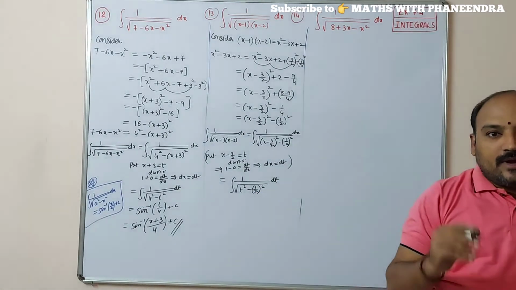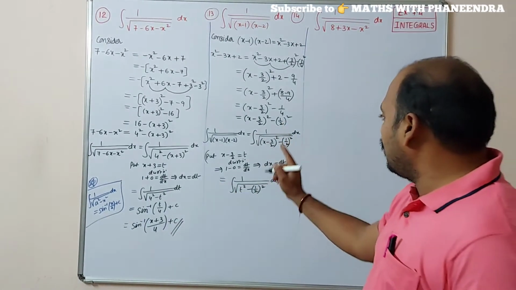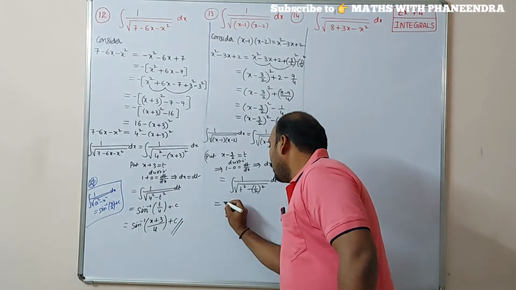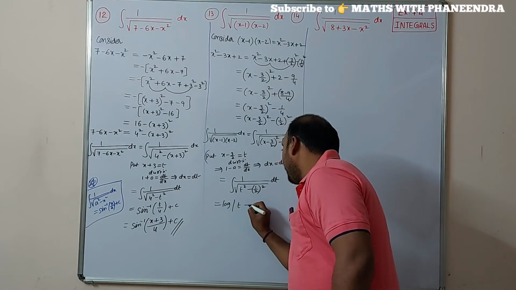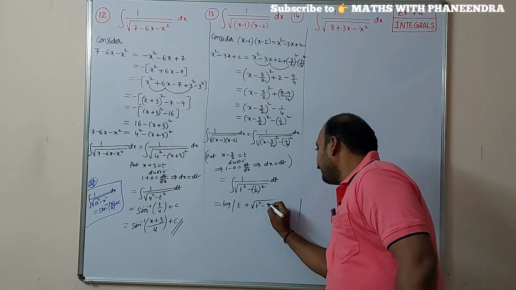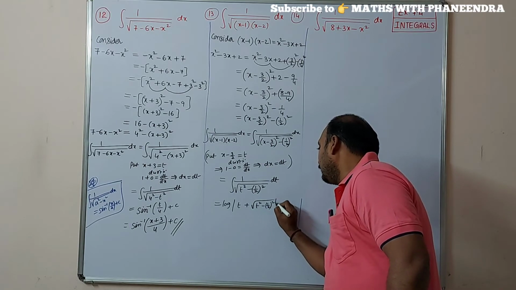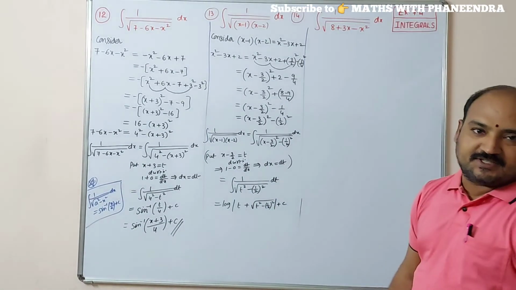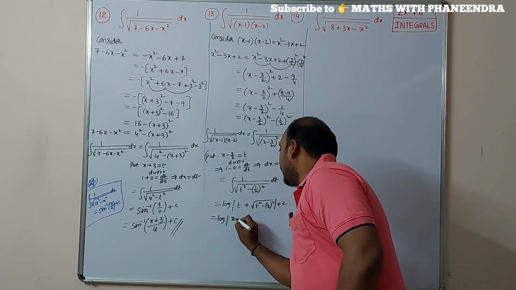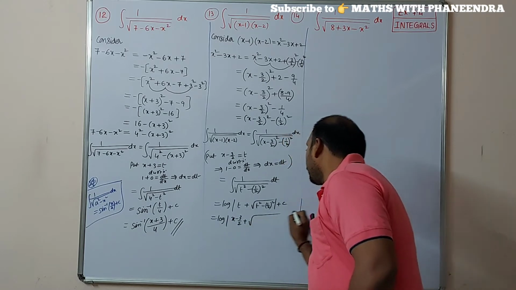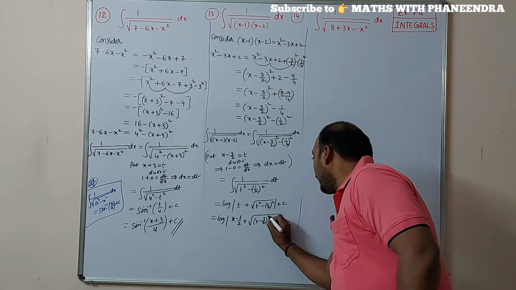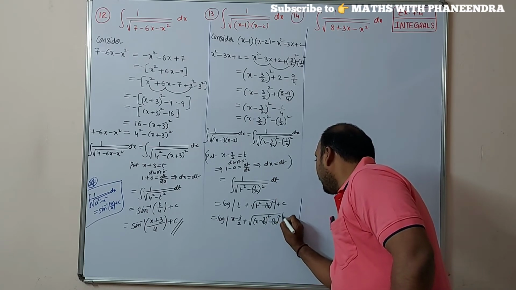Now it is in the form of integral 1 by root of x square minus a square. That is equal to log mod t plus root of t square minus (1 by 2) whole square plus c, or cos h inverse x. So it is equal to log mod, what is t here? x minus 3 by 2 plus square root of t square, meaning (x minus 3 by 2) whole square minus (1 by 2) whole square, plus c.